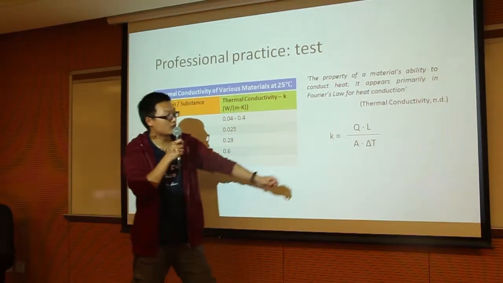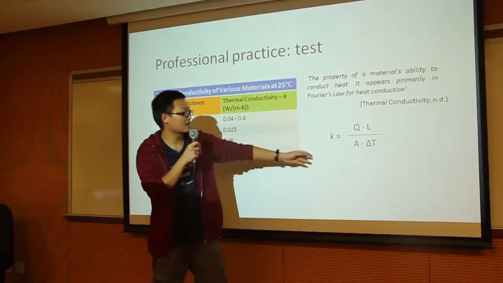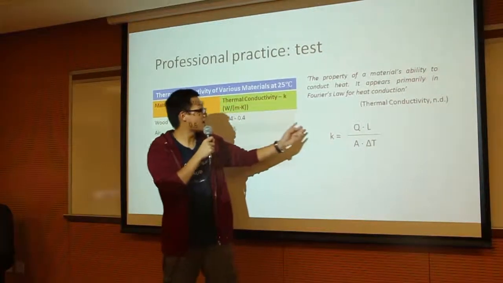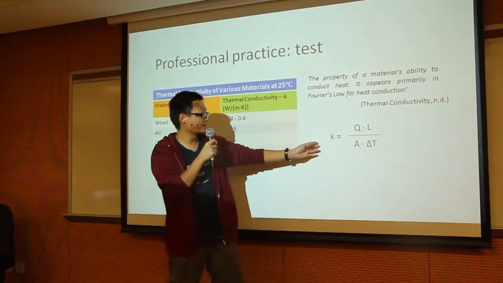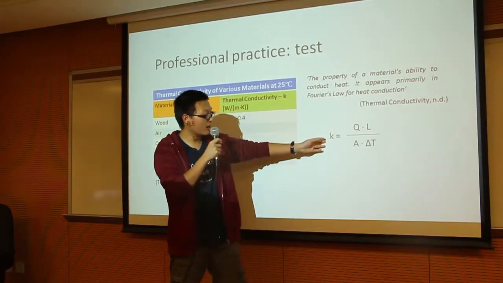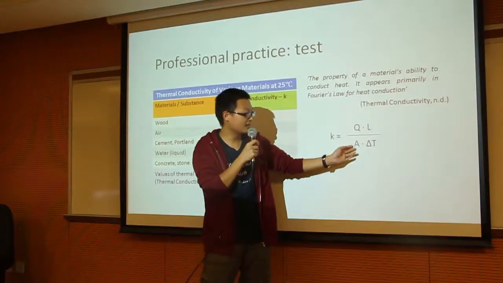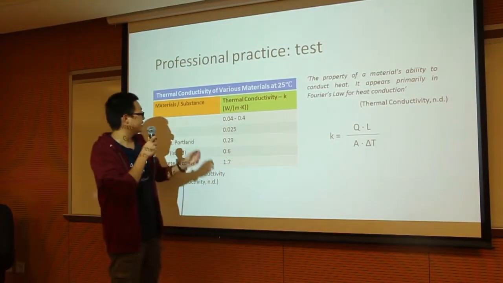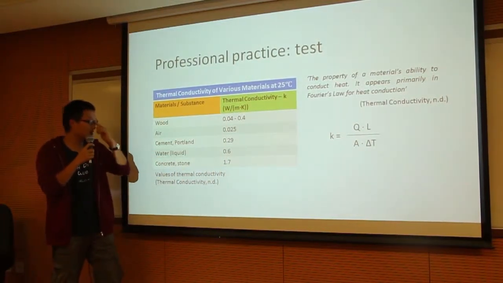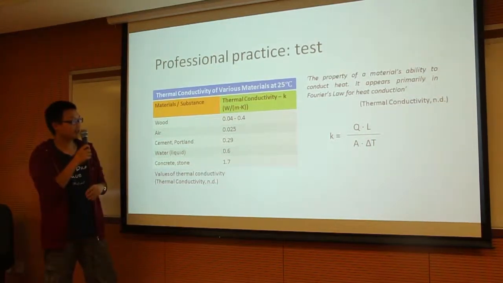And the equation of thermal conductivity is as here. If we are going to measure the thermal conductivity of a certain material, we can use this equation by measuring these elements. And here lists some common materials' thermal conductivities.